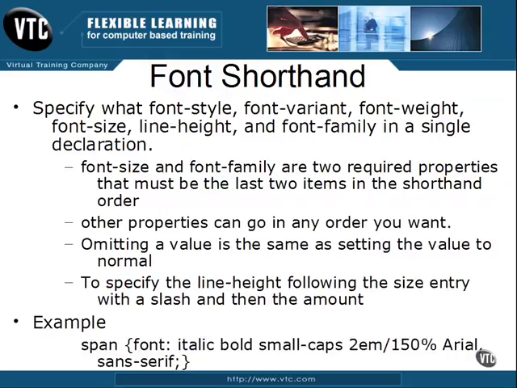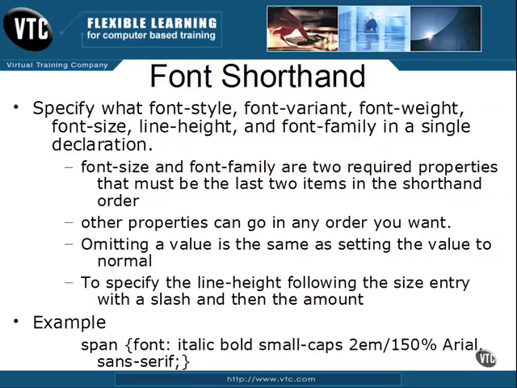Here we have our example where we have the font property, where we are setting the font style to italic, the font weight to bold, the font variant to small caps, the font size to 2em, the line height to 150%, and then the font family to Arial or sans serif.